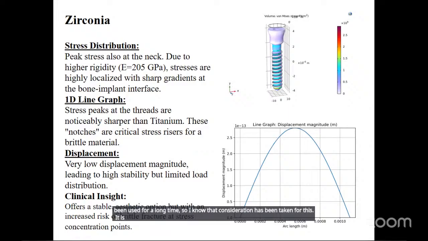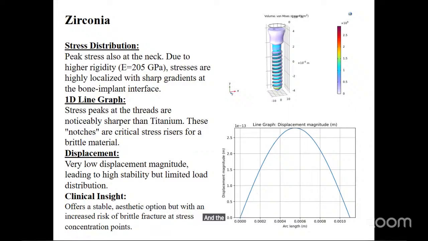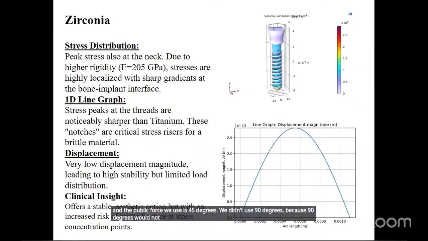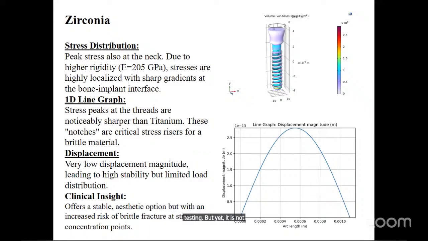It is a ceramic, and the oblique force we use is 45 degrees. We didn't use 90 degrees because 90 degrees would not really provide any demand to the construction. At 45 degrees, we are able to see challenges coming. At the neck it has a brighter blue, showing that titanium is stronger than zirconium in terms of mechanical testing, but it is not close to the yellow and the red, which show critical condition.